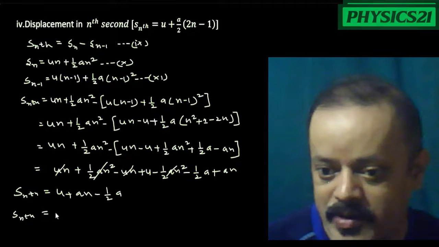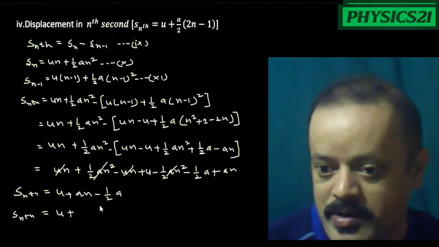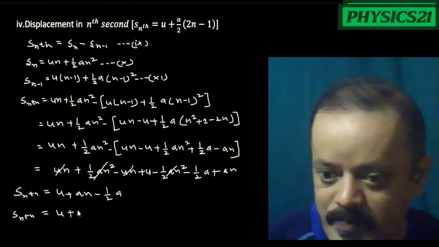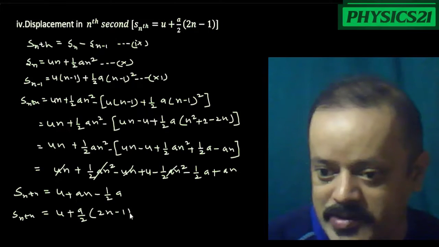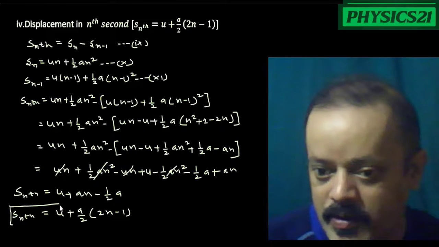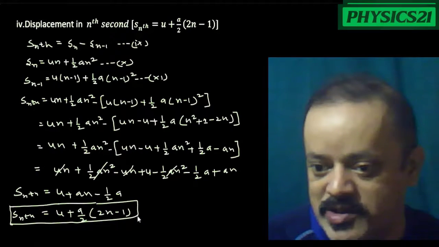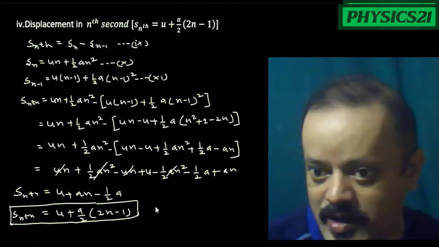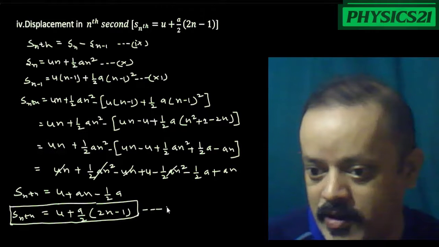Further simplify, so u plus, consider a by 2 as common, so there will be 2n minus 1. So this is the final expression, which represents displacement in nth second. Let this be equation 11.